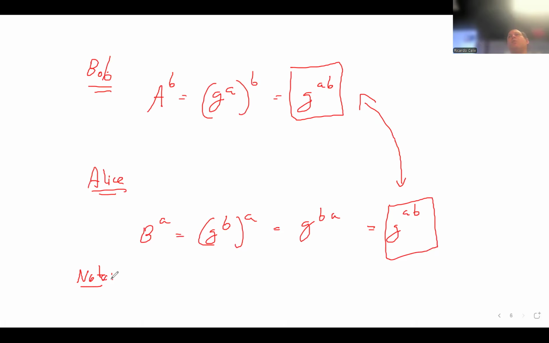We'll do an example and then we'll do it in Python just to make sure it works. So the resulting value G^AB is the shared secret.